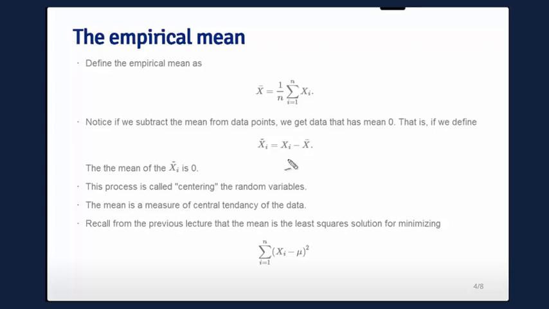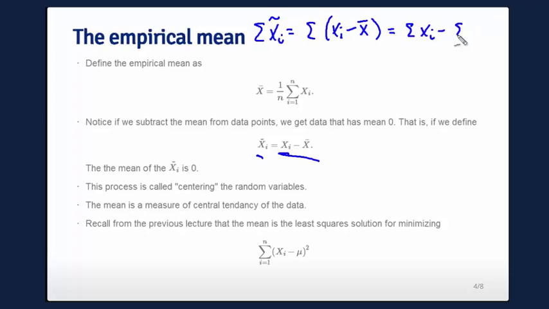Notice an interesting thing that we'll use quite a bit: if we take our data and subtract off the mean, then the resulting data points have mean 0. Let's just work it out really quickly. The summation of these xi tilde is equal to the summation of xi minus x bar, which is equal to summation xi minus summation x bar.